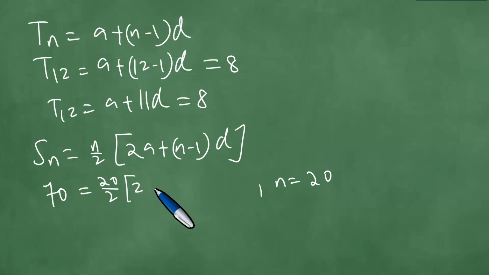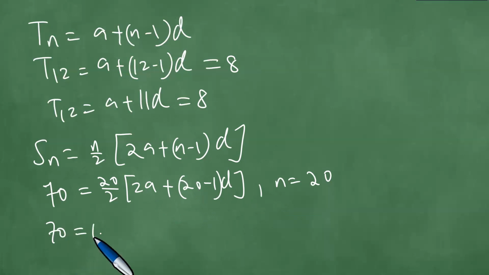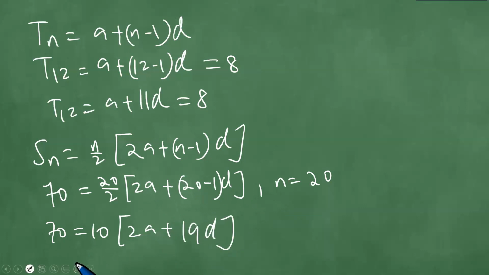20 minus 1 times d: 2a plus 19d. Is that 2a?